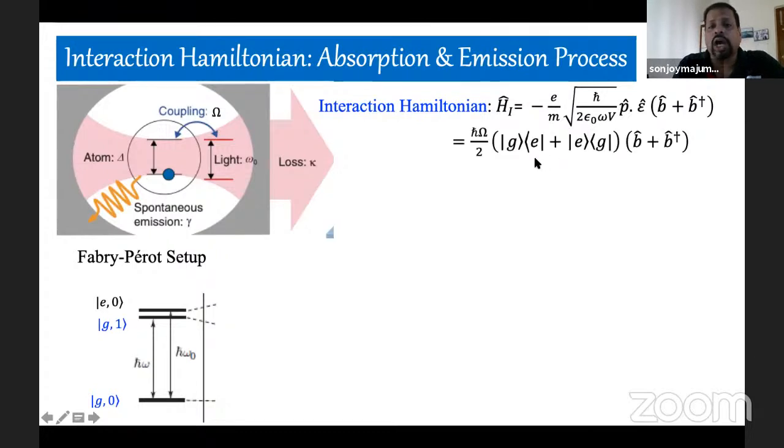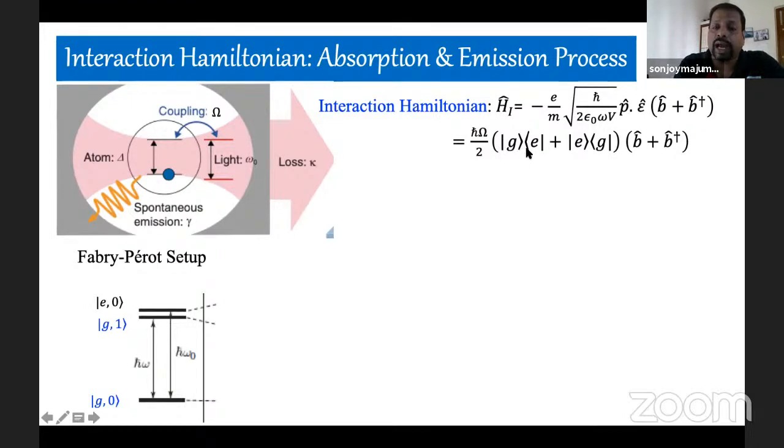If you want to write it in terms of the two-level system, where G is the ground state and E is the excited state, and you write the quantization of the electromagnetic field in terms of the creation and annihilation operators b and b dagger, you could write the interaction Hamiltonian in this fashion using the density matrix elements.